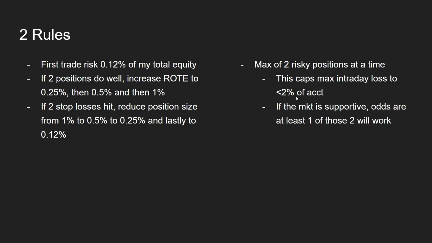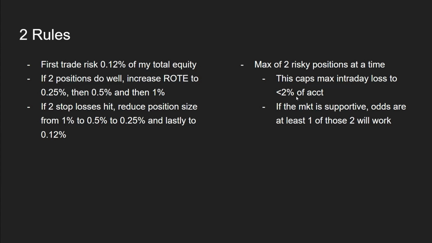Now, the other reason why we only have 2 risky positions at a time is if the market is really doing well and you've gotten into 2 breakouts, the odds are at least one of them will work out. If both of them are going to stop you out, then the market is probably not that good.